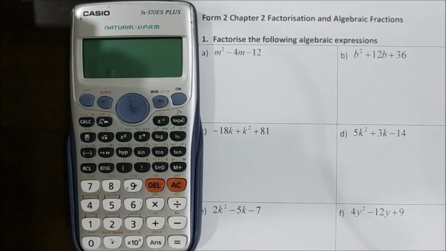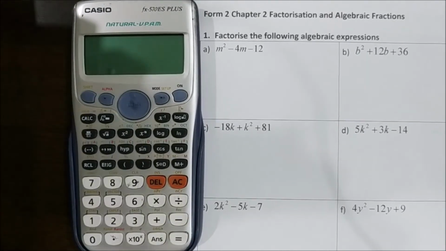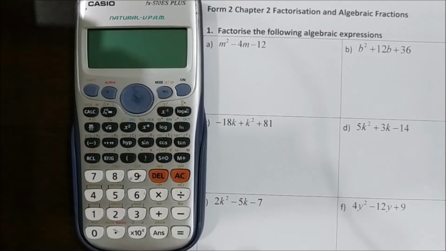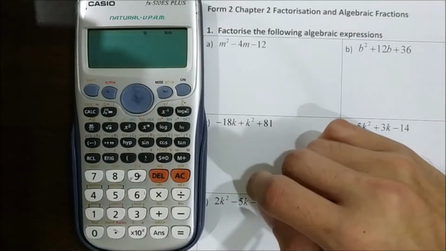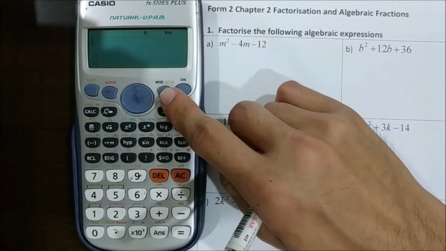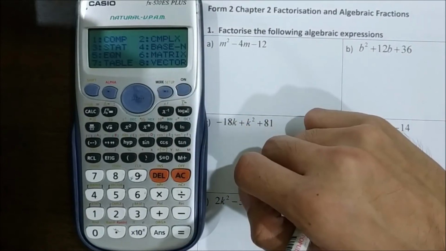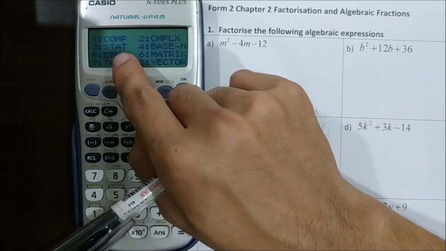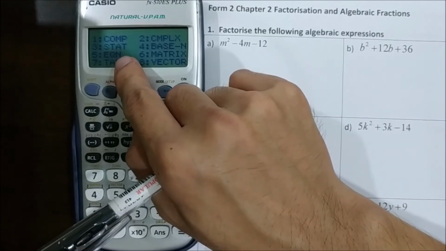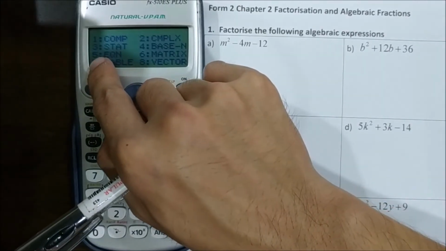Now we are going to use the second type of calculator to solve the same questions. Before we start, we need to set up the calculator first. Turn it on, and then change the mode. We press the mode once, and you can see that we have EQN here, which stands for equation, option 5.